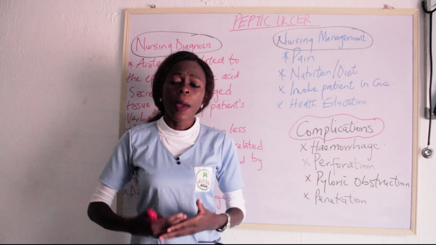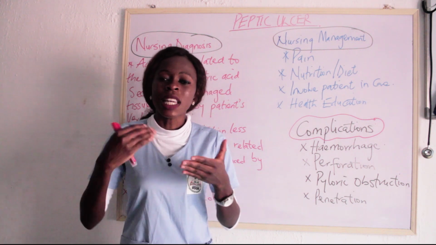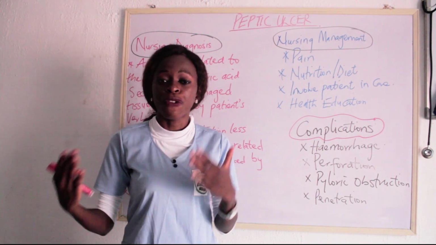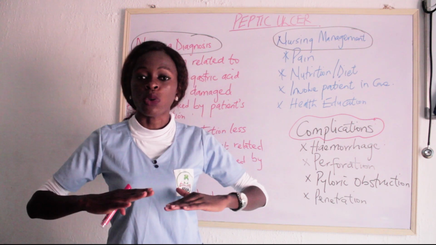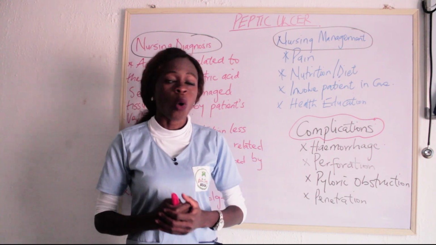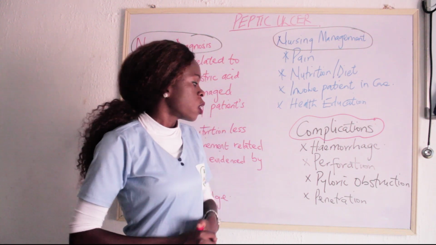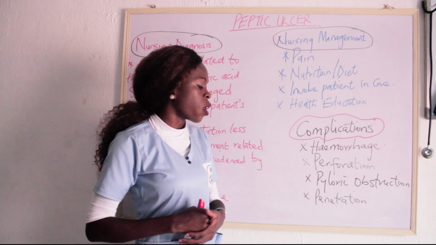You have to tell them the importance of quitting smoking, the importance of reducing alcohol intake, and you also have to tell them how to prepare food that is likely going to suit the gastric, the stomach region, or the eroded mucosa.